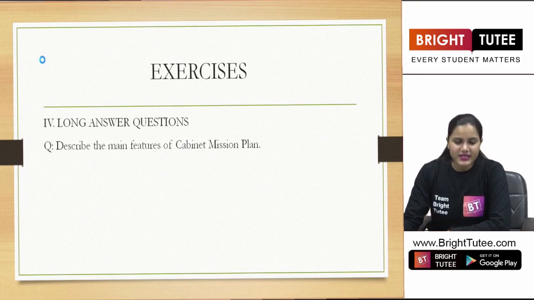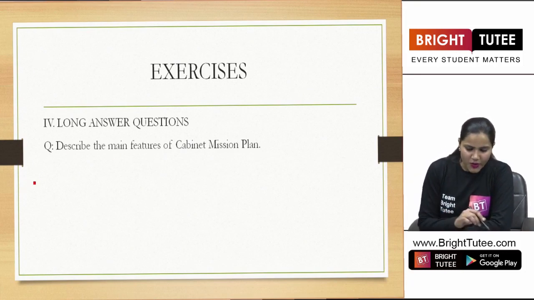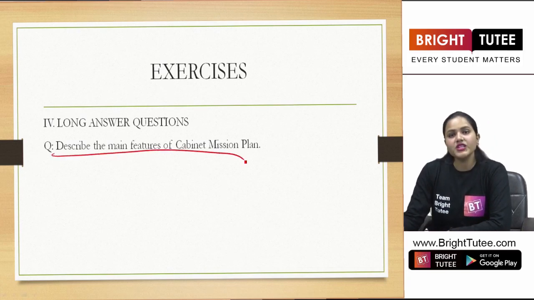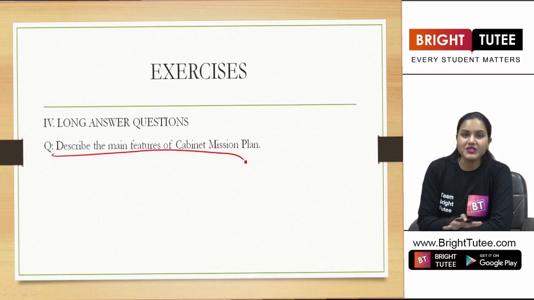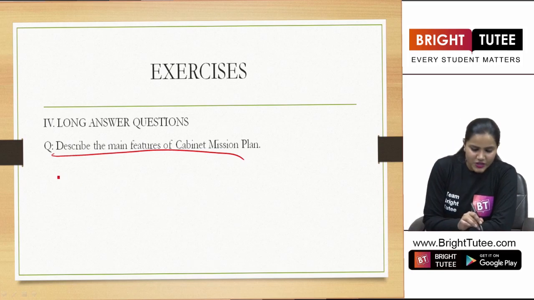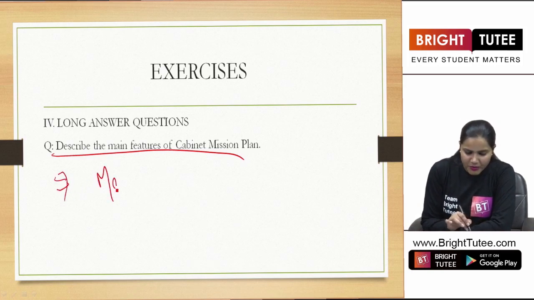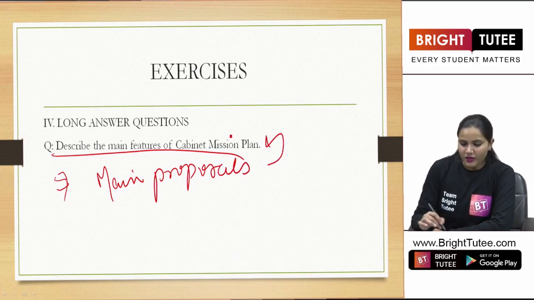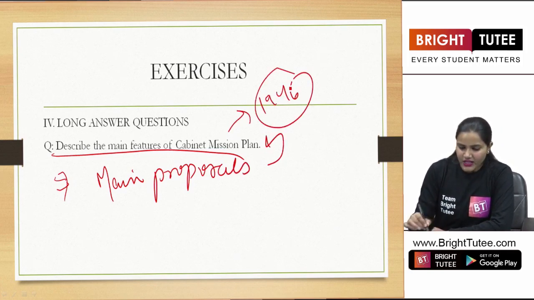Getting back to our exercise section here, in the long answer questions, there is one question that says, describe the main features of the cabinet mission plan. We have discussed a lot of points. You can talk about the main proposals of the cabinet mission plan, but before that, when did this plan come in? 1946. Who were the members?